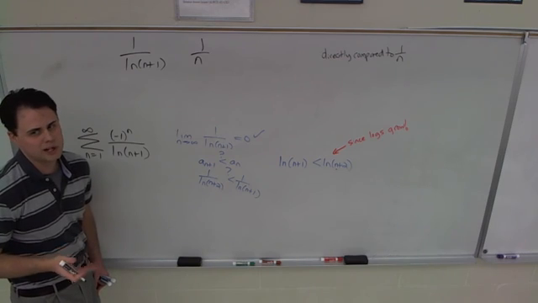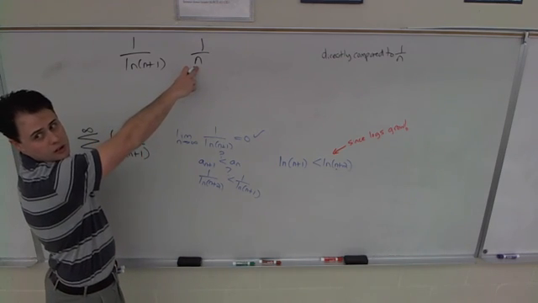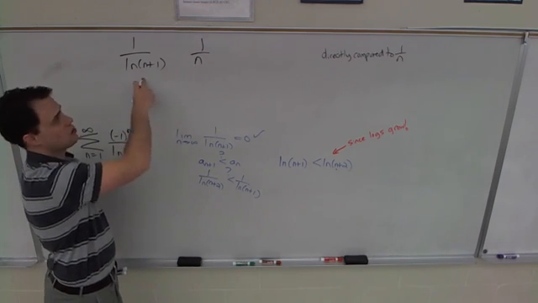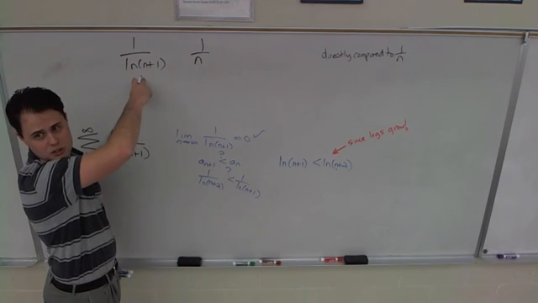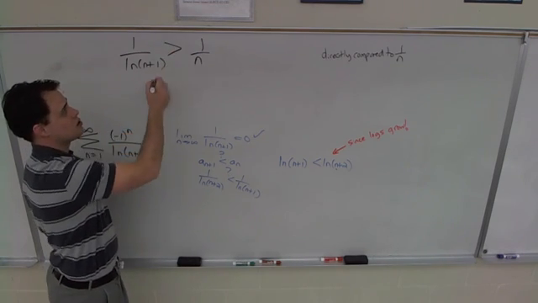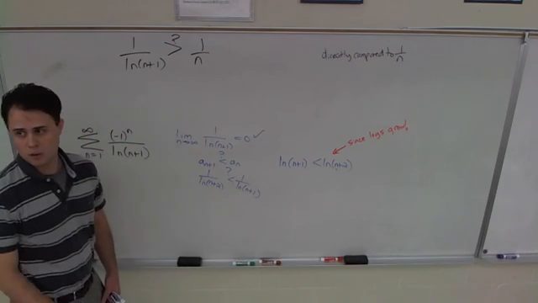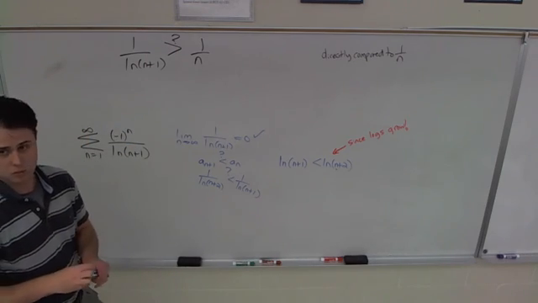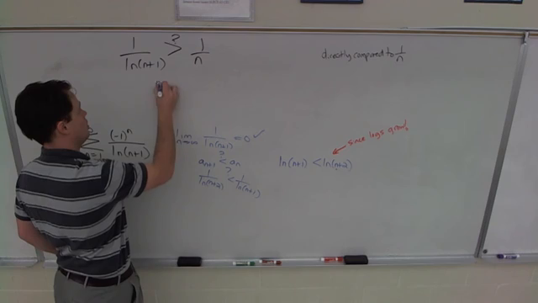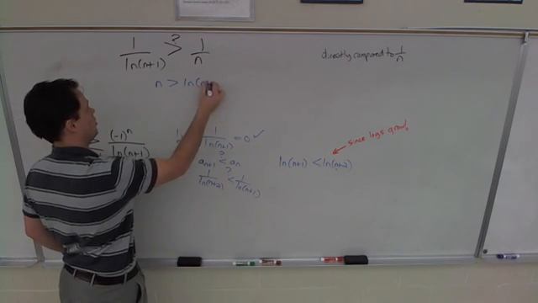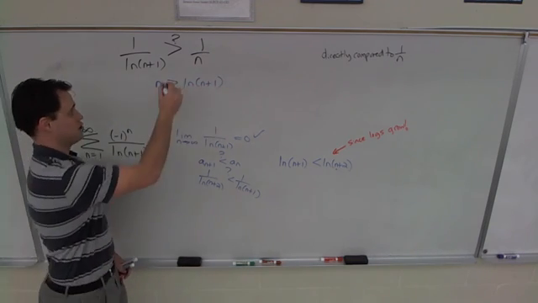If we want to conclude anything, we know that this guy diverges, so we want to show that this guy is bigger, right? So is that true? Is that true?